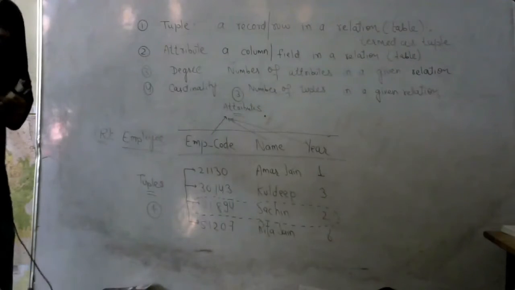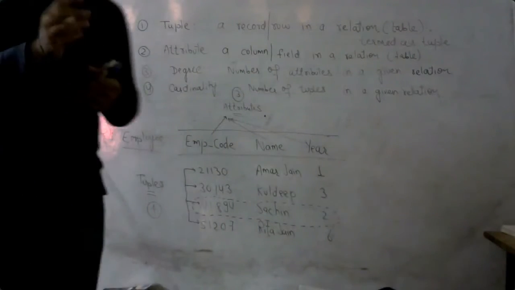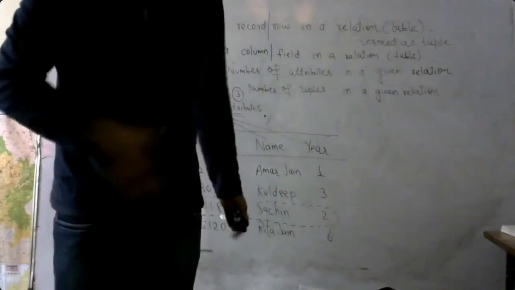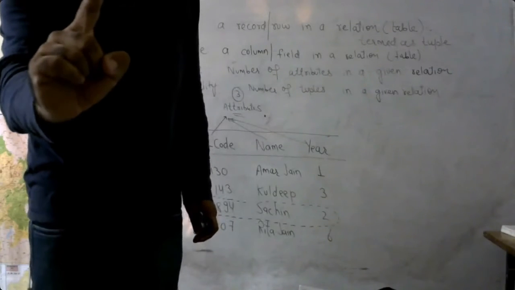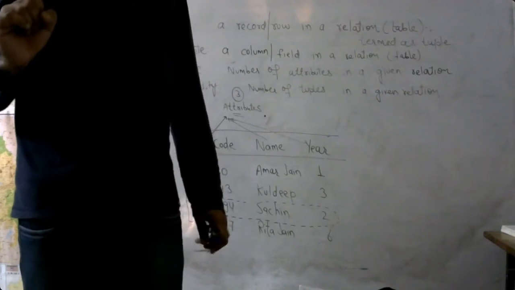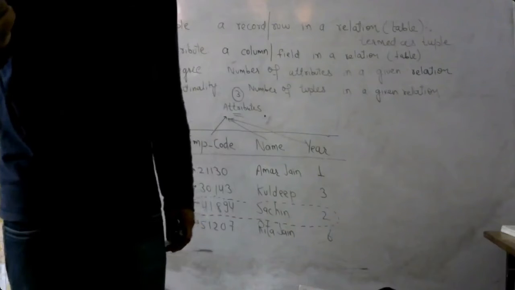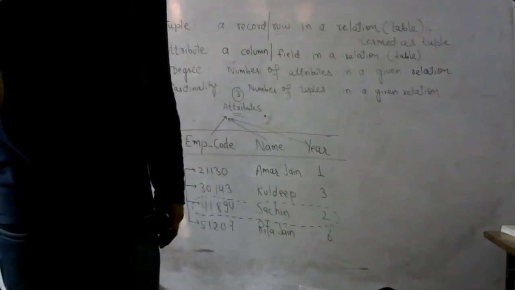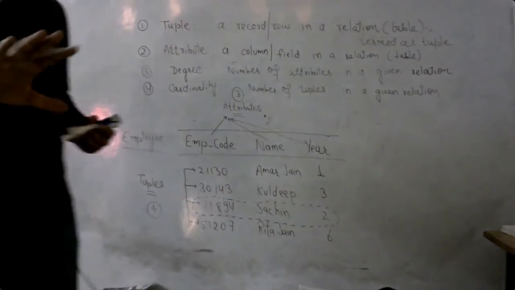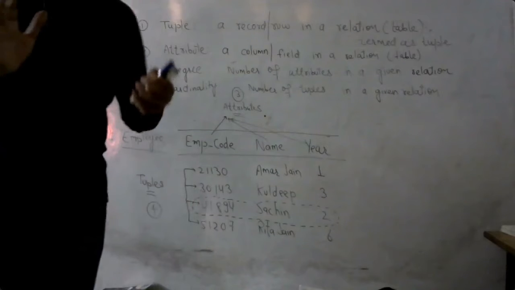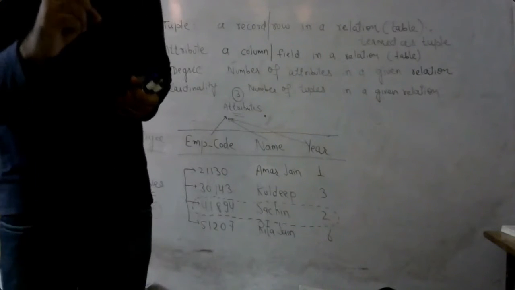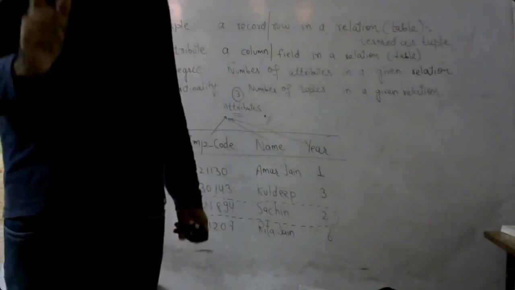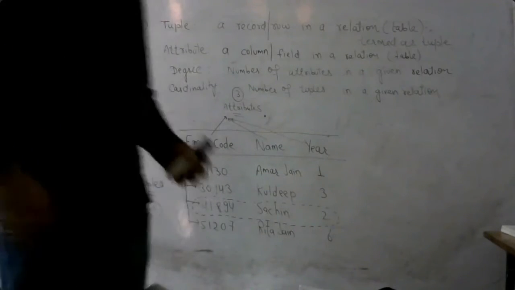Now, listen carefully to one more point. If there is a relation, a table, and it consists of only one attribute, only one column or one field, then that relation is known as the unary relation.